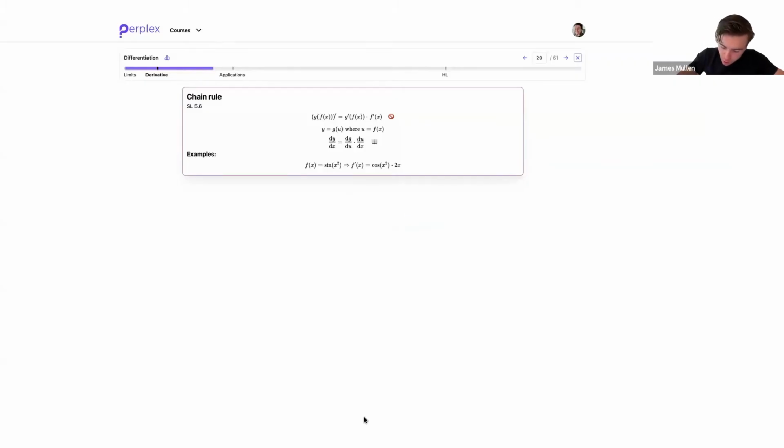Now, this version of the formula is in your booklet. Unfortunately, this one is not, and I find this one a lot more intuitive than this dg by du. What you can do if you're looking at that formula and you're stuck and you don't know how to use it, just say, okay, I have g of u instead of g of f, and I'm going to let u equal x squared, and now I have sine of u, and my formula says dg by du times du by dx.